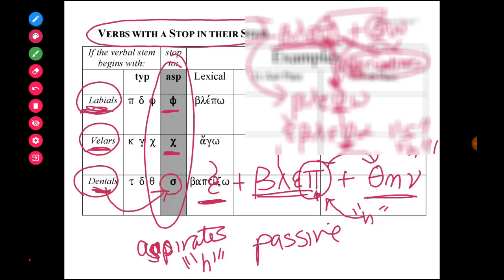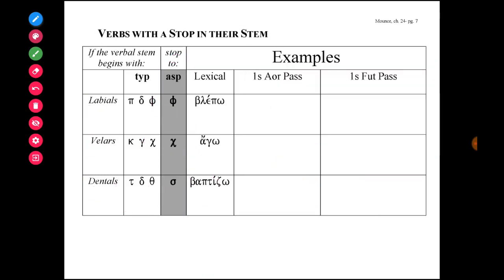So let me clear the board, and then let's give an example. If I want to say aorist passive, I was seen, I would take my augment, I would add blep, but I'm going to aspirate this, and that's going to instead become a phi.